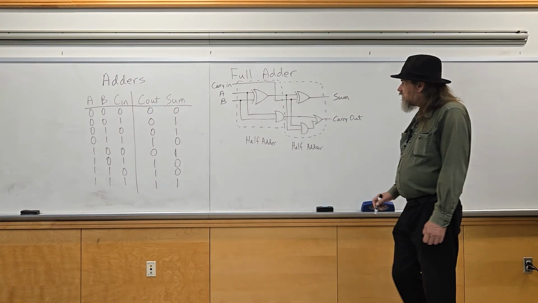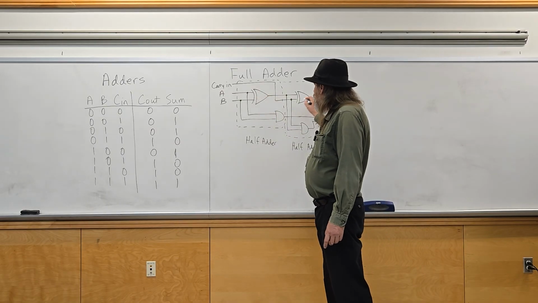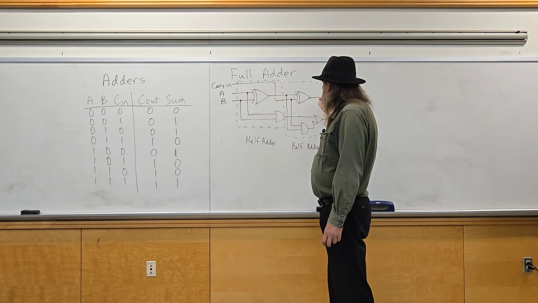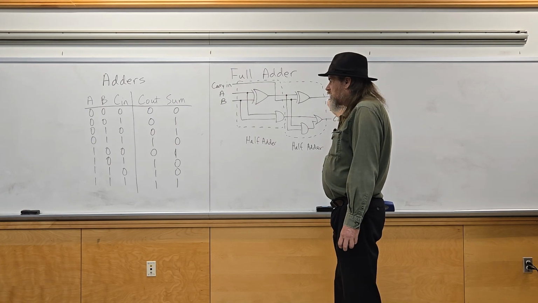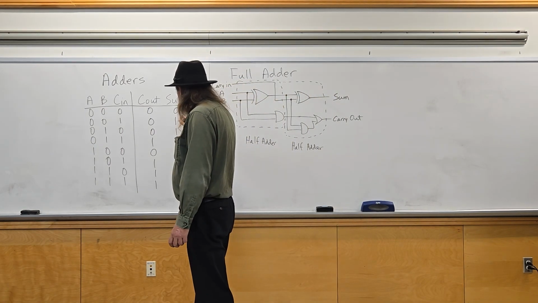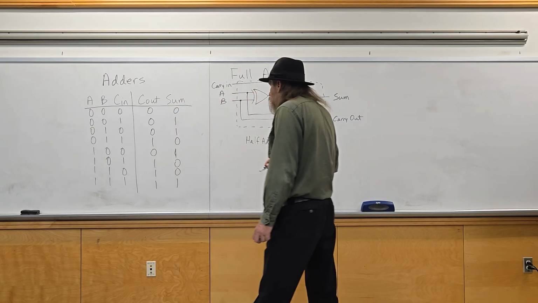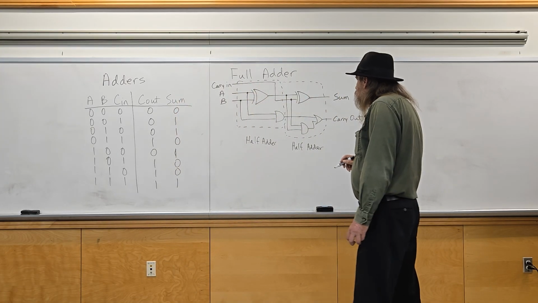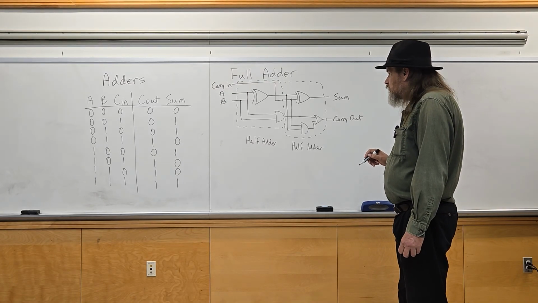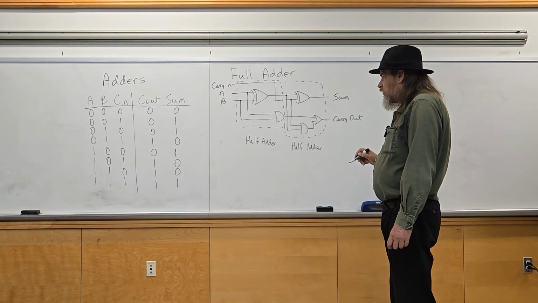Basically, this is exclusive ORing the 3 incoming bits together for the sum, because it is true if there's an odd number of bits.